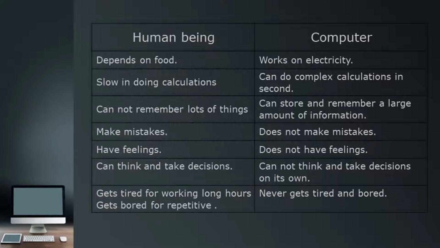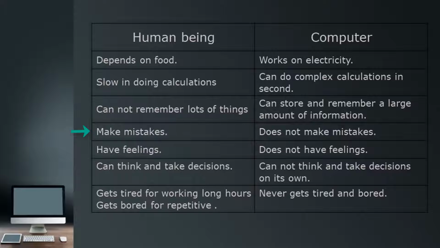Human being: depends on food. Computer: works on electricity. Human being: slow in doing calculations. Computer: can do complex calculations in seconds. Human being: cannot remember lots of things. Computer: can store and remember a large amount of information.